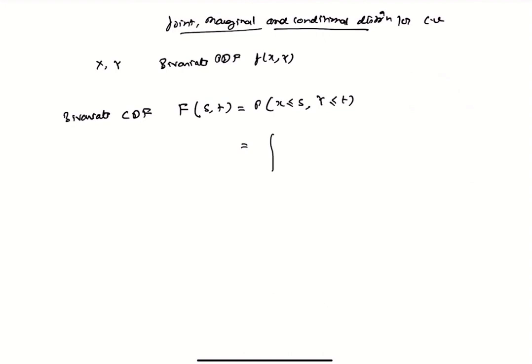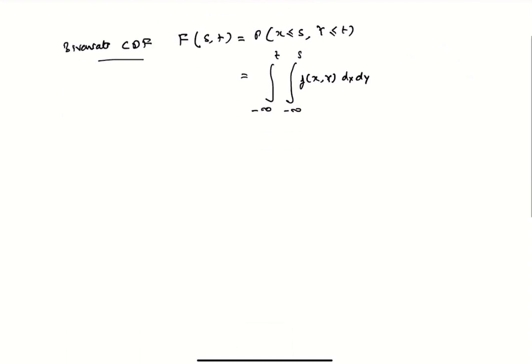So this is going to be a double integral, negative infinity to t and negative infinity to s, fxy dx and dy. So this is how you can get the bivariate CDF.